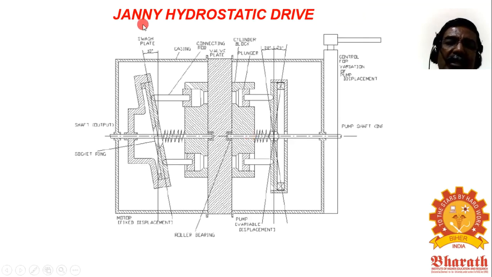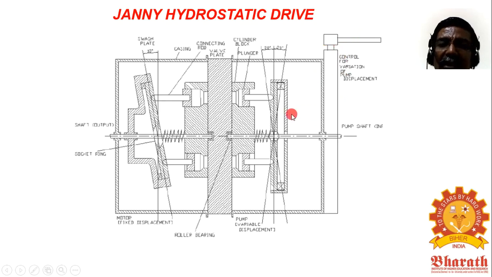Now let us see the diagram. This is the Janney hydrostatic drive diagram actually. In the right hand side is the pump, left side is the motor, that is, right side is the input, left side is the output. Now here there is a control lever.